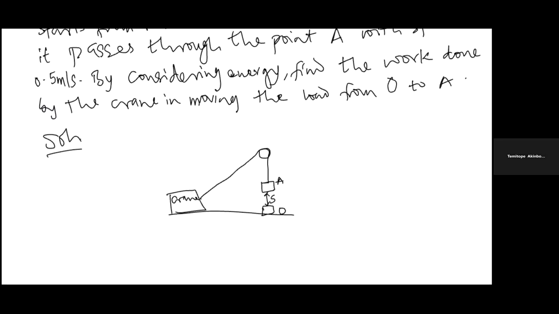So this is point O. The weight of the object will act vertically downwards here. I've gotten an answer. Okay, let's wait for Ibukun.